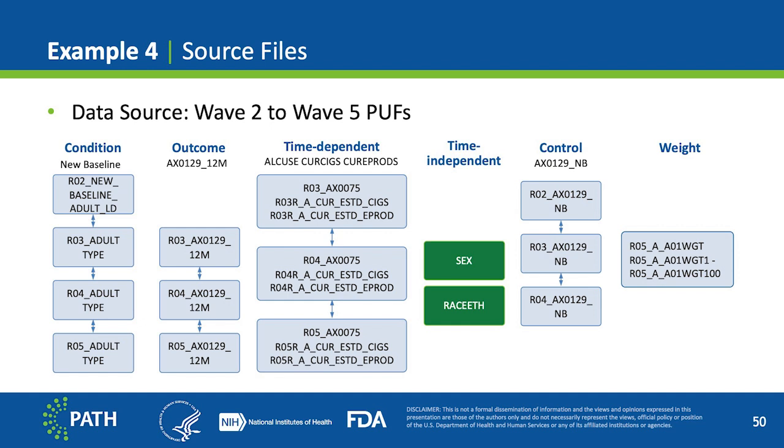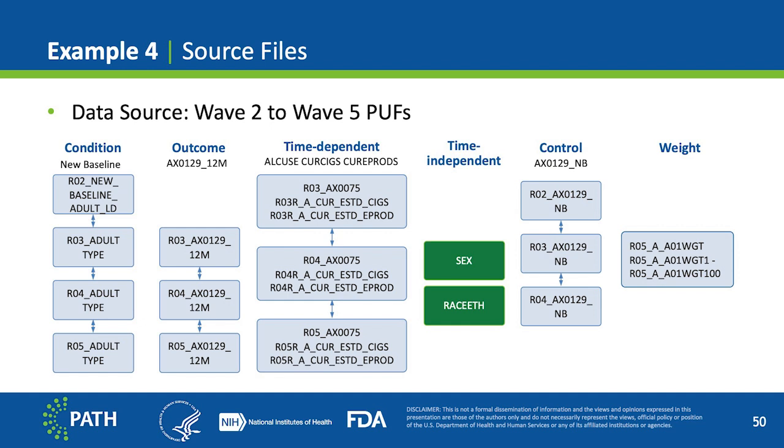The outcome is still whether they report gum disease in the past 12 months, and the time-dependent variables are still alcohol, cigarettes, and e-products use. Now, we don't need the suffix like 1, 2, 3, 4 for the equivalent questions from different waves because it's now in a long format. We rename them to the same variable name before stacking them into one column.